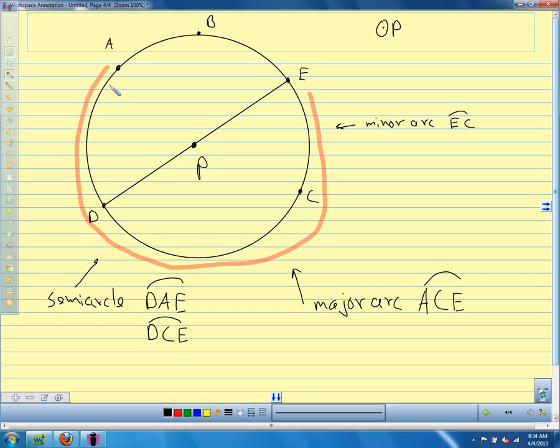So I start at A, go through point C, and stop at point E. So that would be a major arc, ACE. I could also call it ADE. And there are several major arcs that we could talk about here as well. I have a major arc BDC, or CED. Any of those would be major arcs. The letters, when we talk about a major arc, tell us where we start, which point we go through, and where we end.